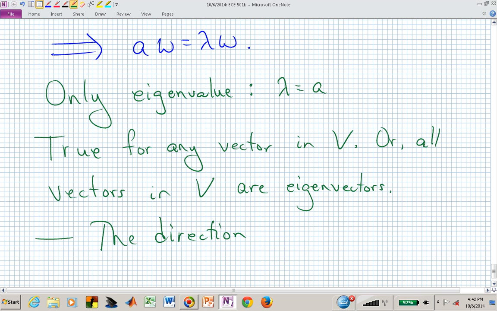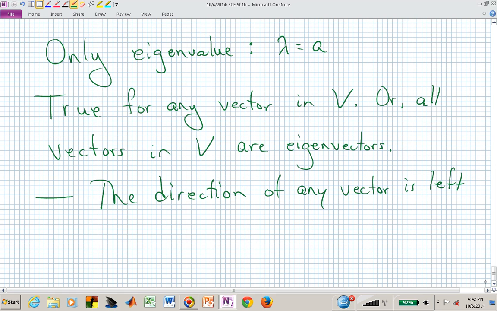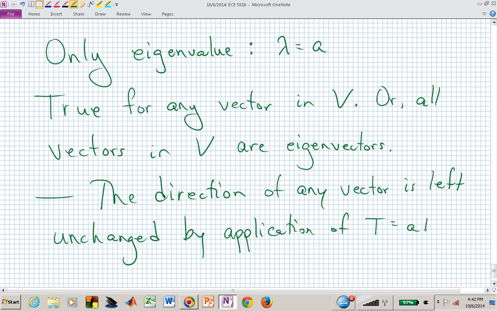We're going to stay on that 45-degree angle. The direction of any vector is left unchanged by application of T equaling AI.